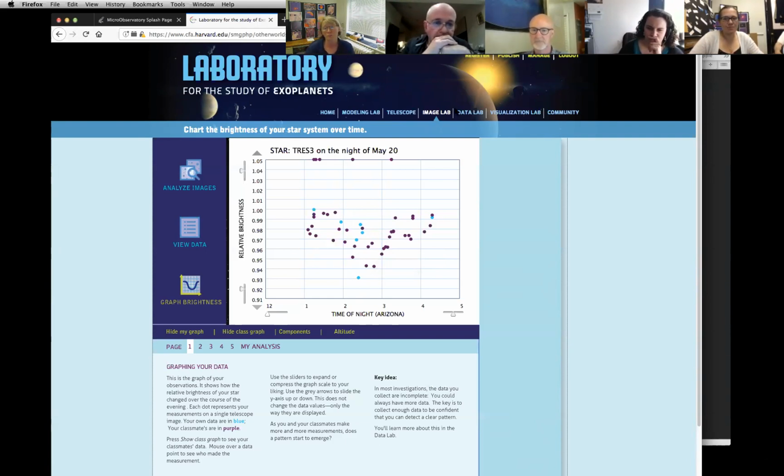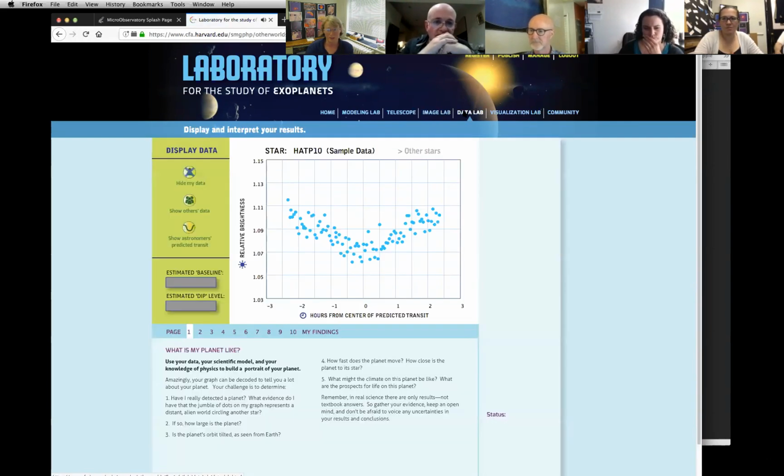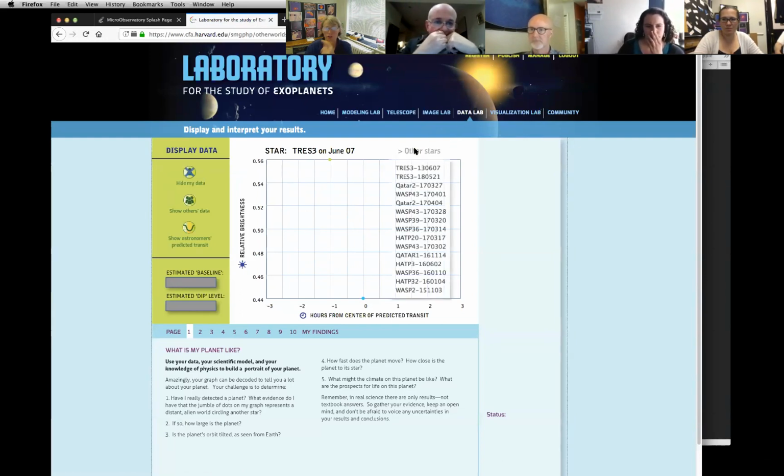So the next portion of the ExoLab is called the Data Lab, and here's where you actually get to analyze this data set in light of the model of what a transit does. Let's see. When you first open it up, you need to, under Other Stars, find the data set you're working on.